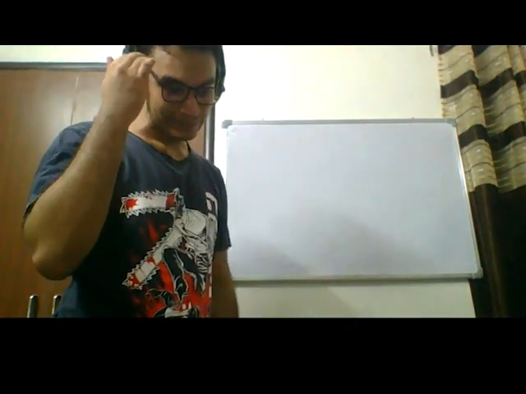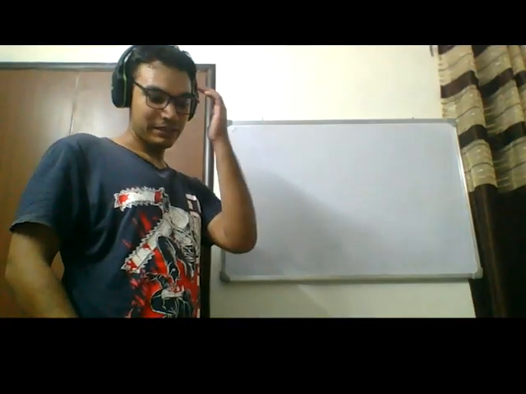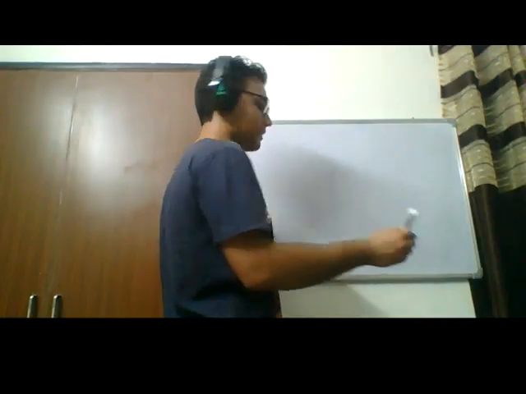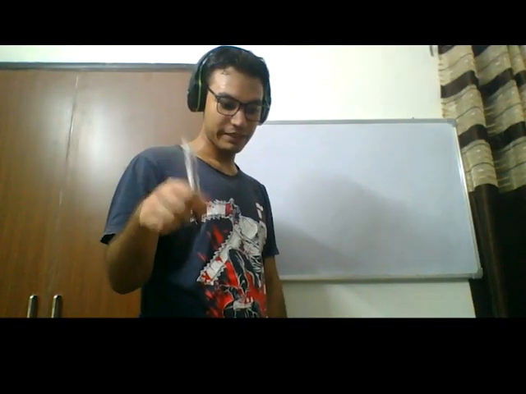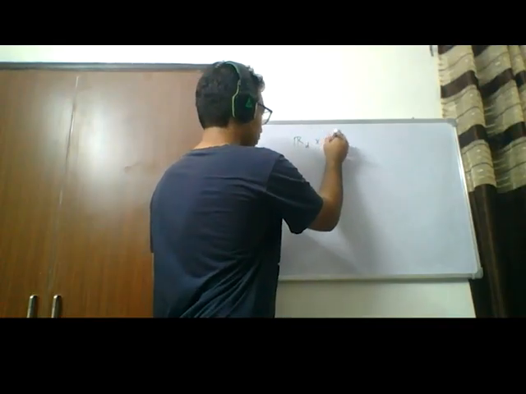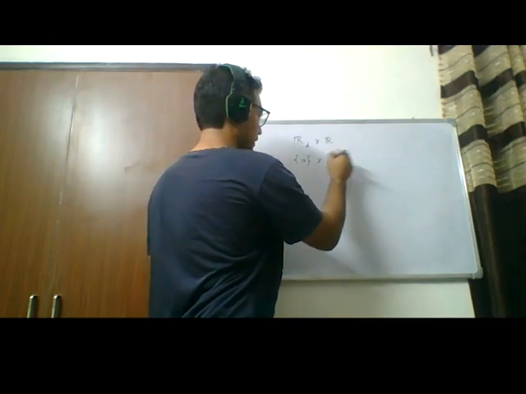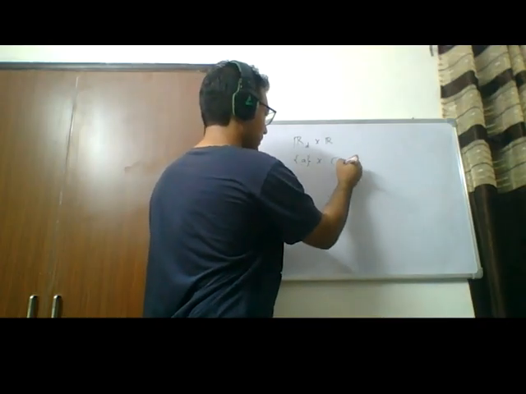Okay. Did I do another one? No, I didn't. Okay. So to show that they're the same topology, I'm just going to show that they're both finer than each other. So the basis element of RD cross R is going to be a singleton, some real number, cross an open interval, right?